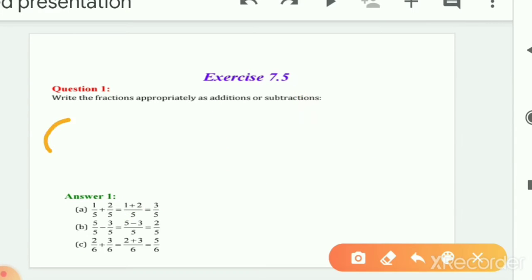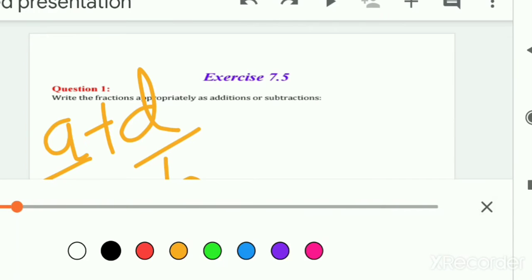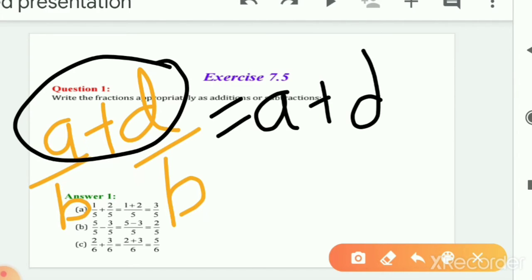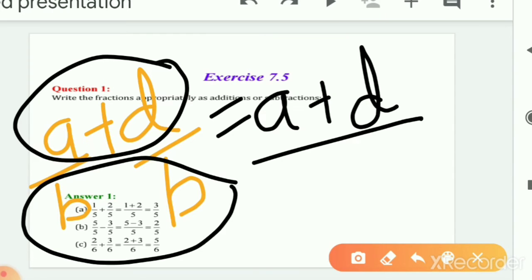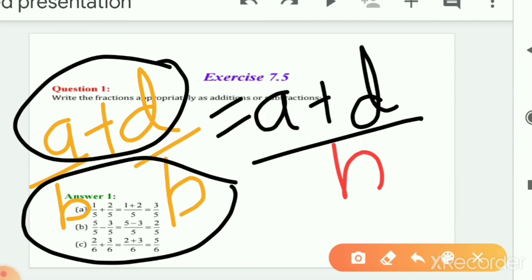If it is given as a upon b plus d upon b, this is a form in which the denominators are equal. Then the answer will be the addition of both, because the plus sign is in between, that is a plus d, and below that we write b only one time, though it appears two times.